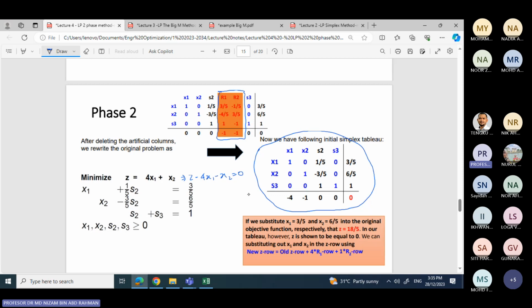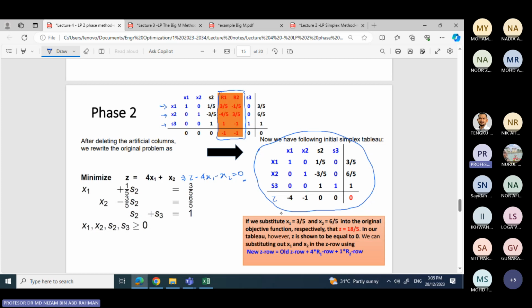So in the Z row, you have Z minus 4x1 minus 1 x2, there's no S1 and S2, S3 is 0, and the solution is 0. And the initial solution is similar to the initial solution of the first phase, which is x1, x2, and S3. Remember that? And the Z value is equal to 0.